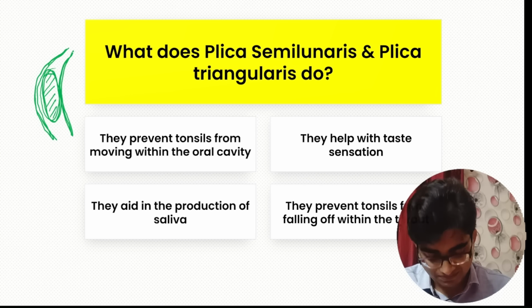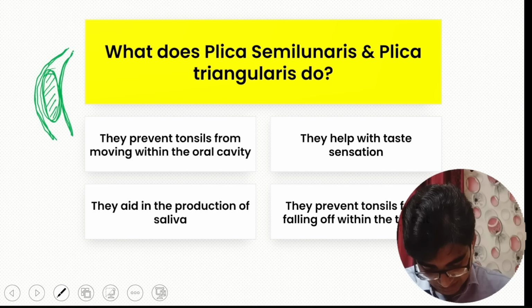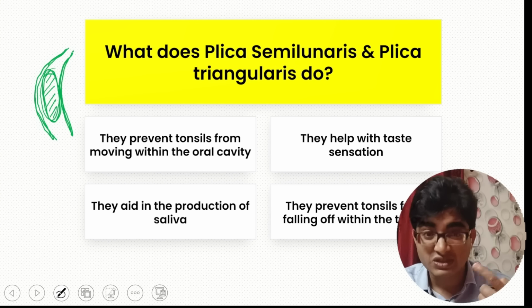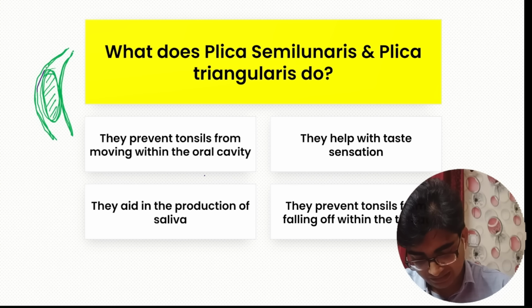But there was something very important over there, which is actually connecting the anterior pillar to the lower pole of the tonsil, that is up to the posterior pillar.